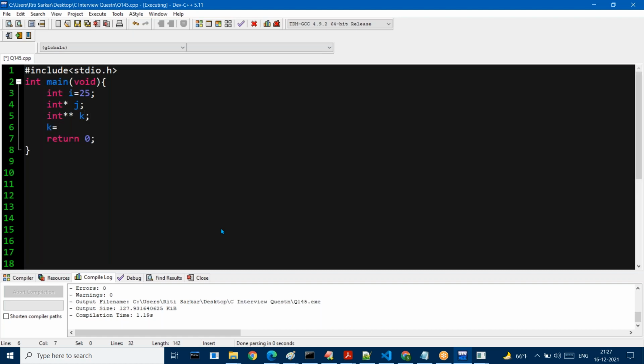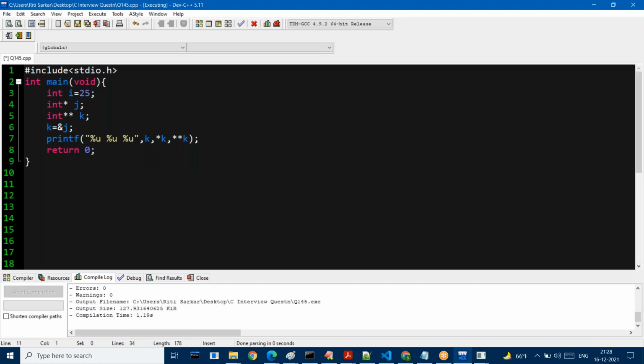Not an issue. k is equal to ampersand j. Done. Printf. Here I am having %u, %u, %u, and here I am printing k, star k, star star k.